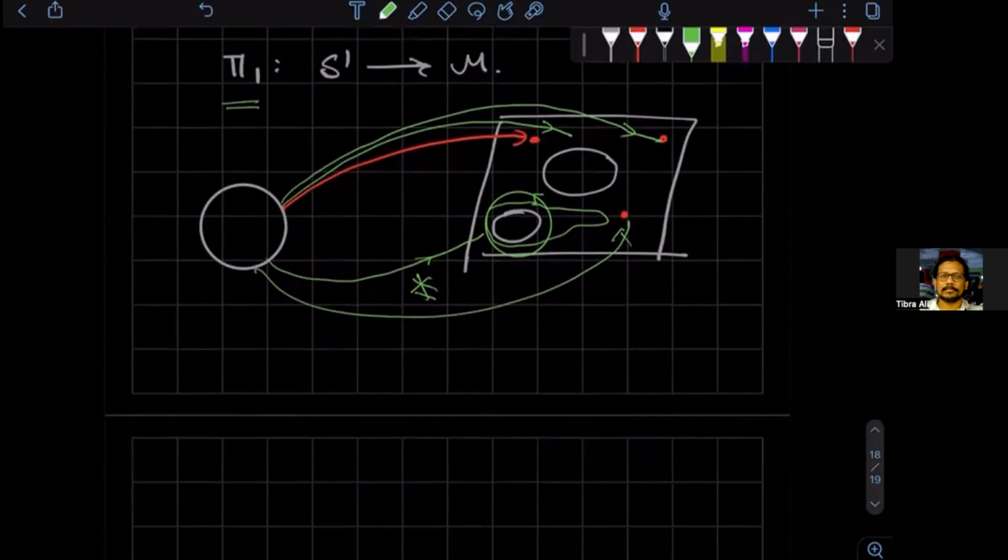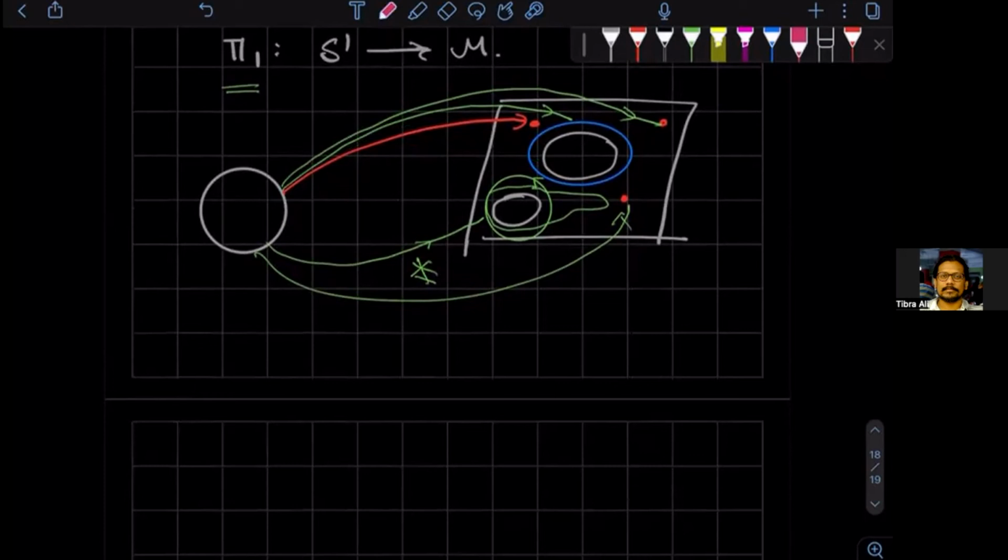Again, there is another map which maps the circle to a circle around this other hole. Now this blue circle cannot be continuously deformed into a map that goes from the circle to the green circle. So they are inequivalent. They belong to inequivalent classes.